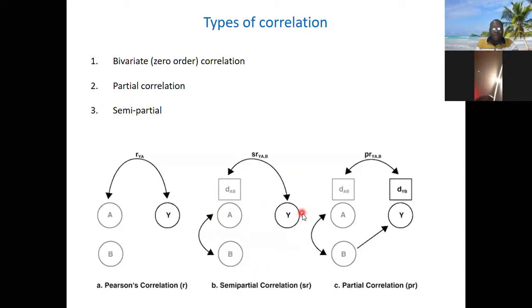That is semi-partial. But if B also has an effect, you are controlling for the effect of B on A and Y, but you are interested in the correlation between A and Y. You also control for the effect of B on both of them. That is partial correlation. But if it is only on one of them that you control for, that is semi-partial. I think I will stop here.